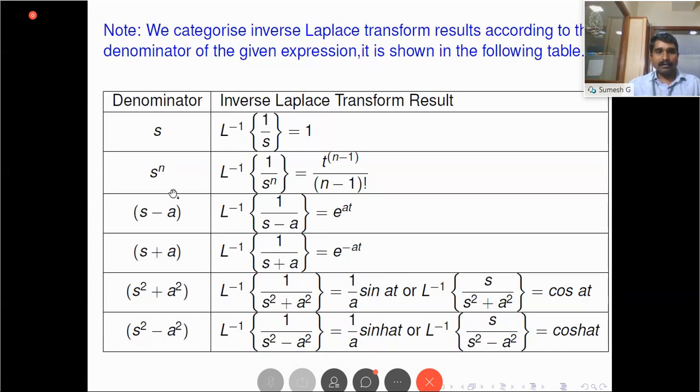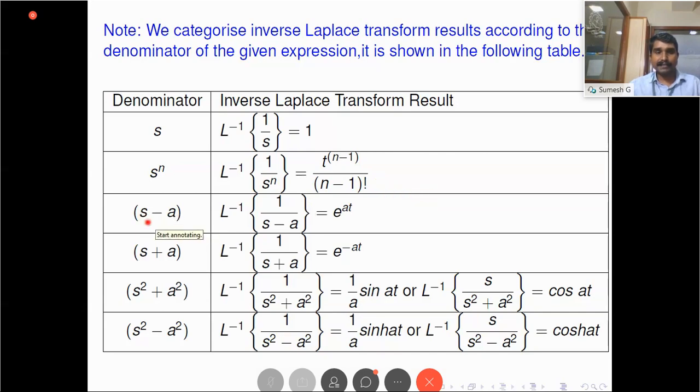There are 6 options. If the denominator is s, we have to use the result inverse Laplace transform of 1 by s equal to 1. If the denominator is s raised to n, then we have to use the result inverse of 1 by s raised to n equal to t raised to n minus 1 by n minus 1 factorial when n is a positive integer.